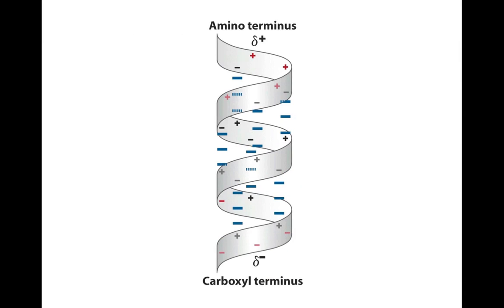What we're saying is that, remember, the main stabilizing force in an alpha helix is all this hydrogen bonding between the peptide bonds. Now each hydrogen bond will have a small dipole being set up, and because the hydrogen bonds are in a parallel arrangement, these dipoles will line up to form a macro dipole.